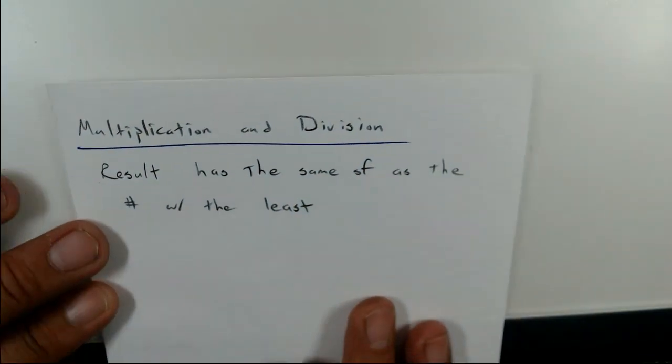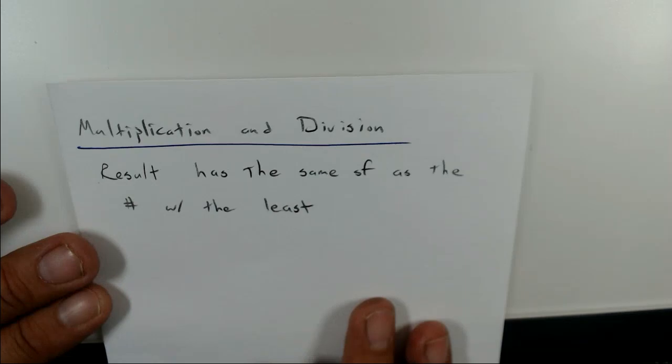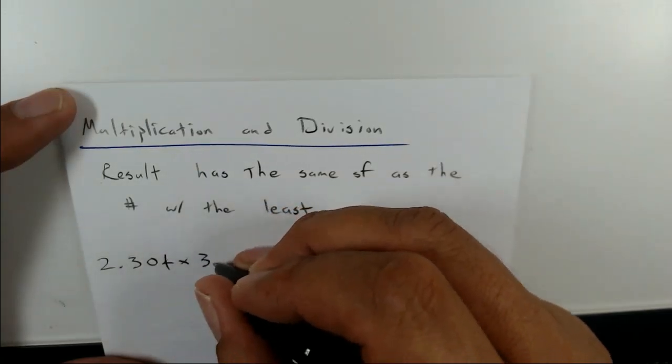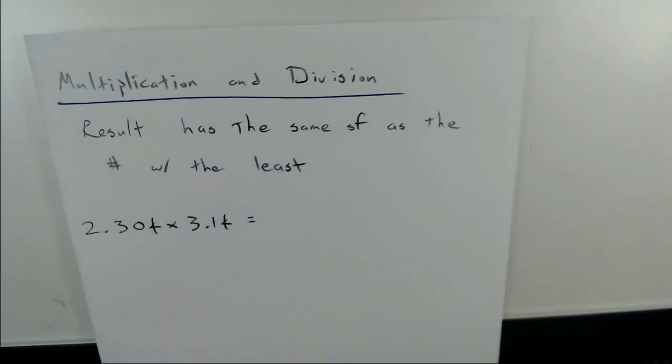All right. So let's take a look at an example. We have 2.304 times 3.14. I know the number is close to pi, but I'm not actually using pi here.